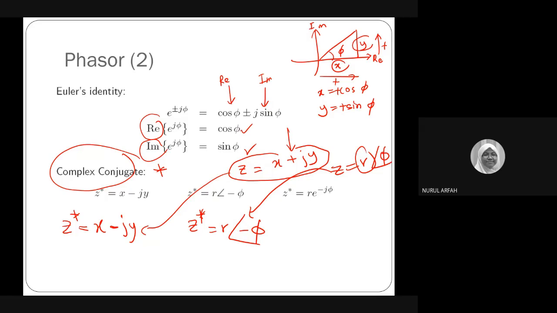And then maybe this z in exponential form has an amplitude and then e to the j theta. Then the complex conjugate will be z with an asterisk, r e with a minus sign. You need to negate that phase, and then you have j theta like this. Okay.